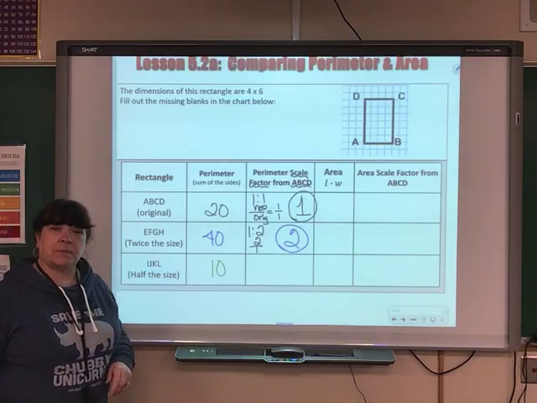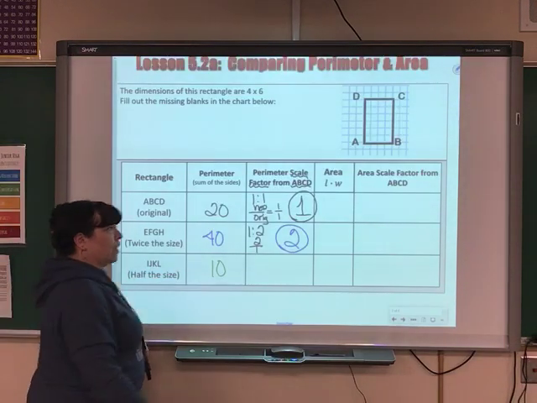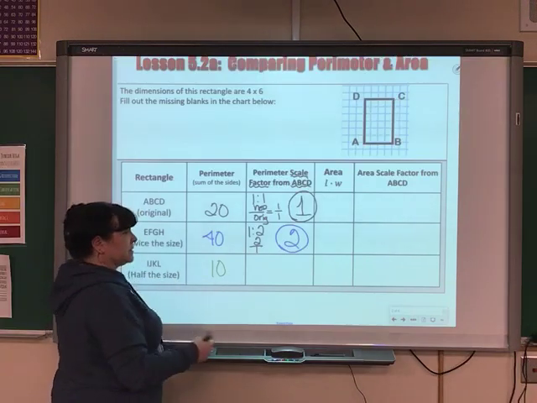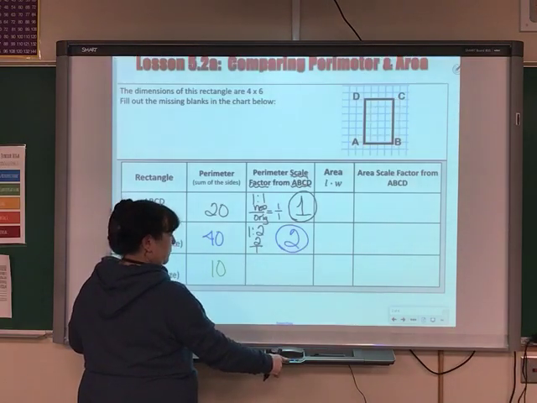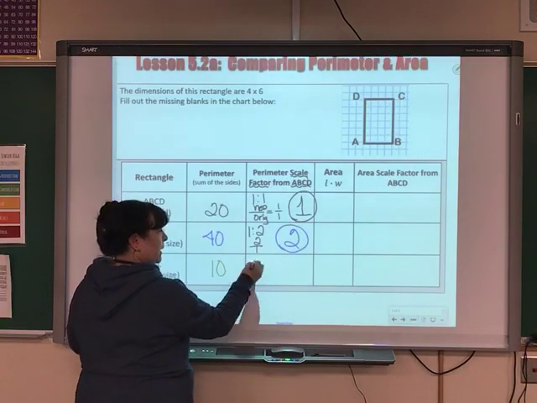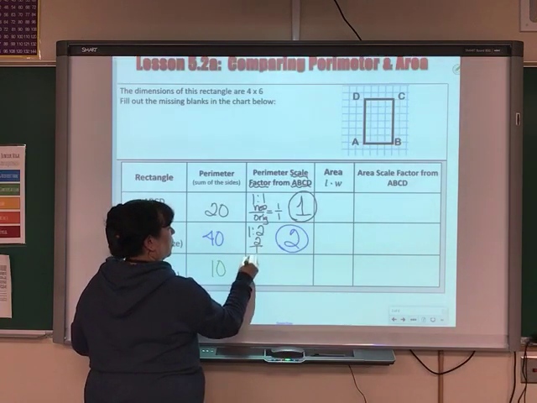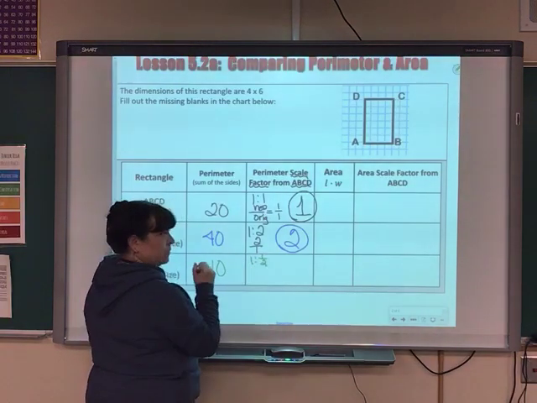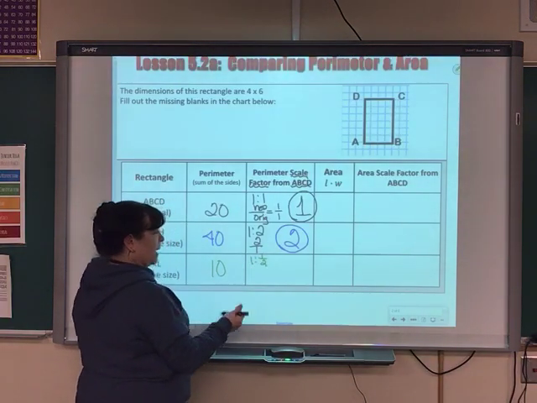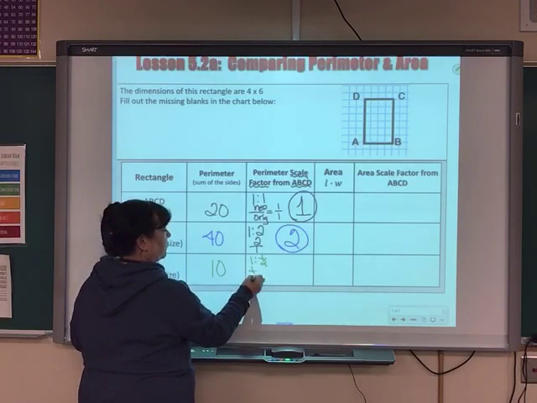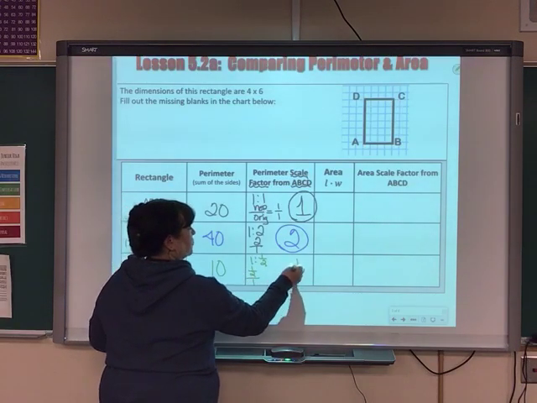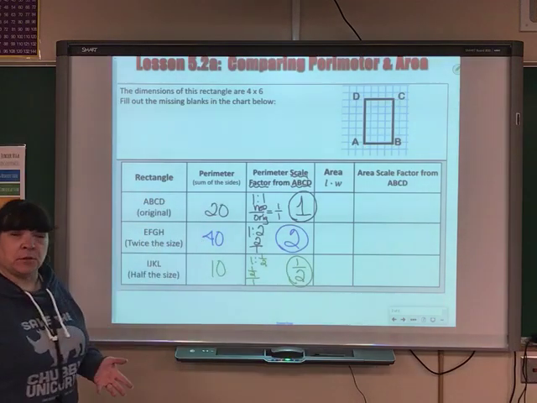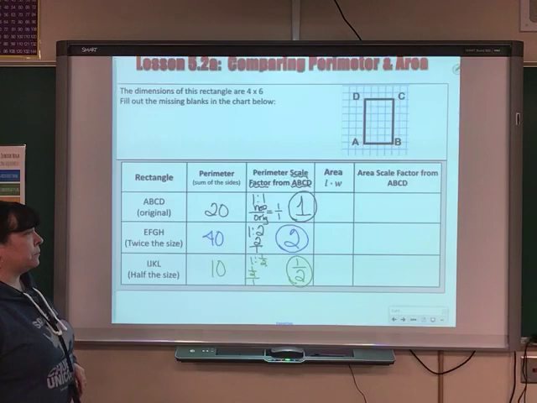If we're talking about this one, well, we would be talking about half the size. We would be talking about 1/2 to 1, or more importantly, 1 to 1/2. When we talk about 1 to 1/2, that would be 1/2 over 1, which is a scale factor of 1/2. That's what we multiplied by, if you remember, in the original problem.